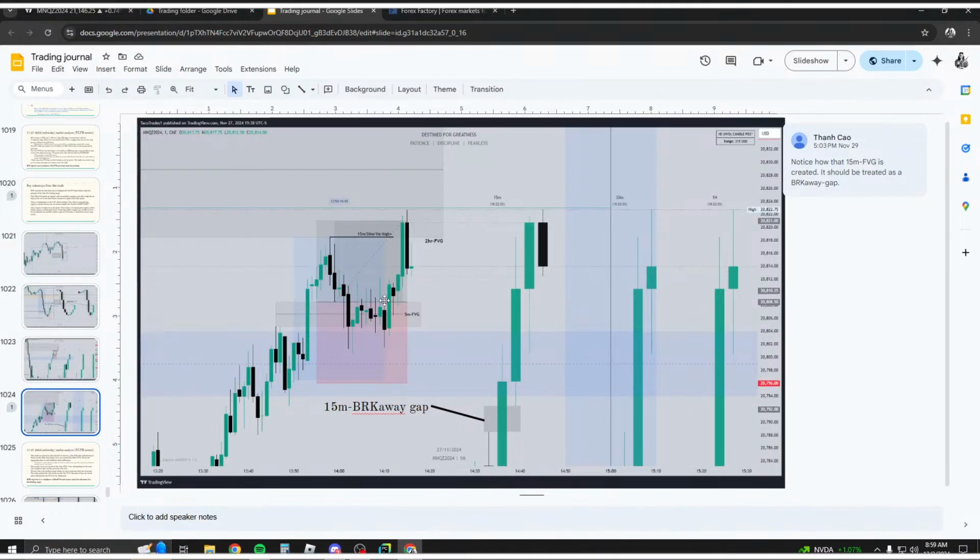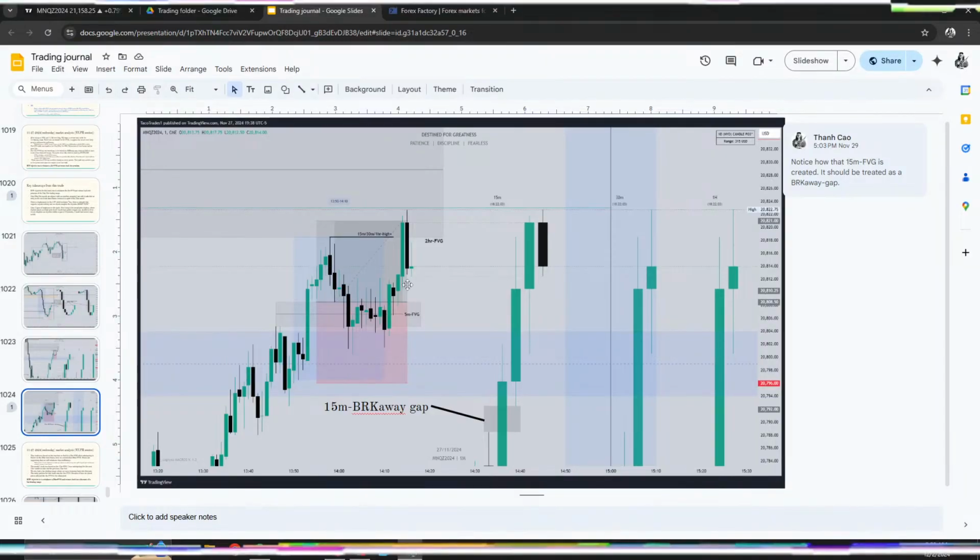We consolidate for about 14 minutes or so, right? We literally consolidated within this 5-minute fair value gap for about 14 minutes. If we had created a doji candle, which is basically an I-don't-know-where-price-wants-to-go candle, I would have moved my stops to break even, and if I got stopped out at break even, I'm cool.